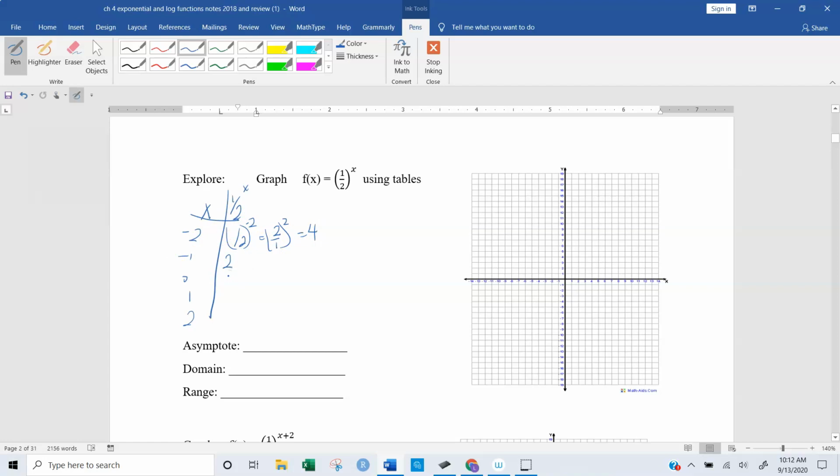Anything to the 0 power is 1. 1/2, and then square everybody, 1/4. So now -2 is now 4. -1 is now 2. 0 is still 1. 1/2, 1/4. See how we have kind of flipped over the y-axis? That's kind of what's happened here. This is a decay graph.